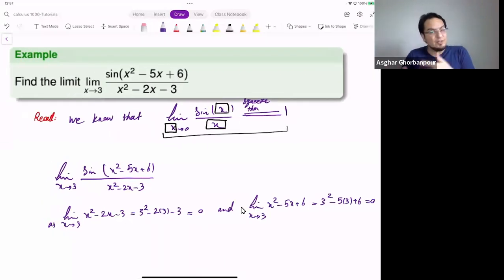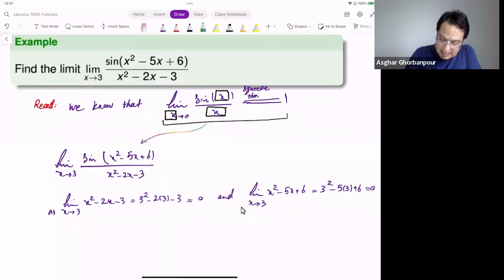It is a 0 over 0 case, but it's not just a polynomial over polynomial. I cannot factor and take out the vanishing factor because there is a sine applied on that polynomial. Instead, I try to put my limit in this format here. I see there is a box here, and as x goes to 3, the box goes to 0.